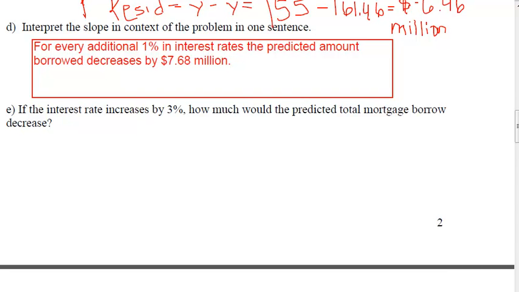So if it goes from 2% to 5%, or if it goes from 5% to 8%, how much would the predicted mortgage decrease? We kind of are going to use this one right here. It says for each additional 1%, it drops by 7.68. So if it does that for 1%, then 3% is just 3 times 7.68.